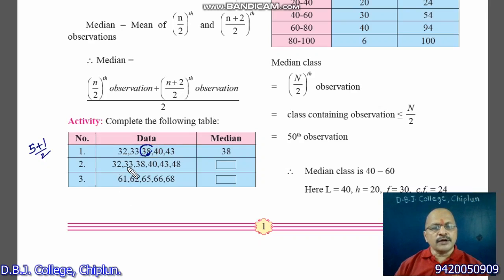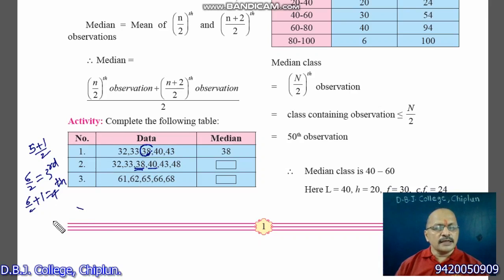Next one, 32, 33, 38, 40, 43 and 48. One more observation is added here. Now 6 observations are here. So 6 by 2 is 3 and 6 by 2 plus 1 is 4. That is the third observation and fourth observation. Which are they? Third is 38 and fourth is 40. Take their average.